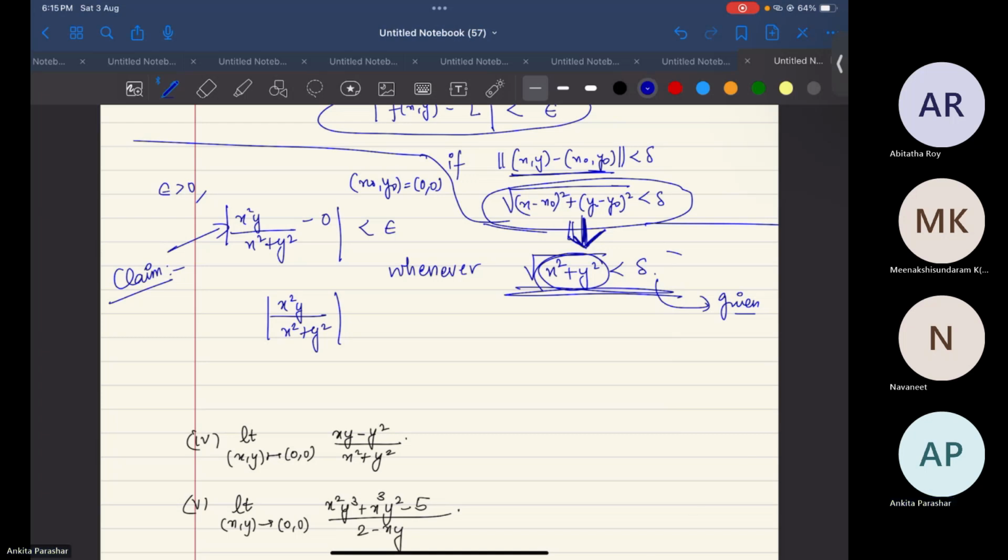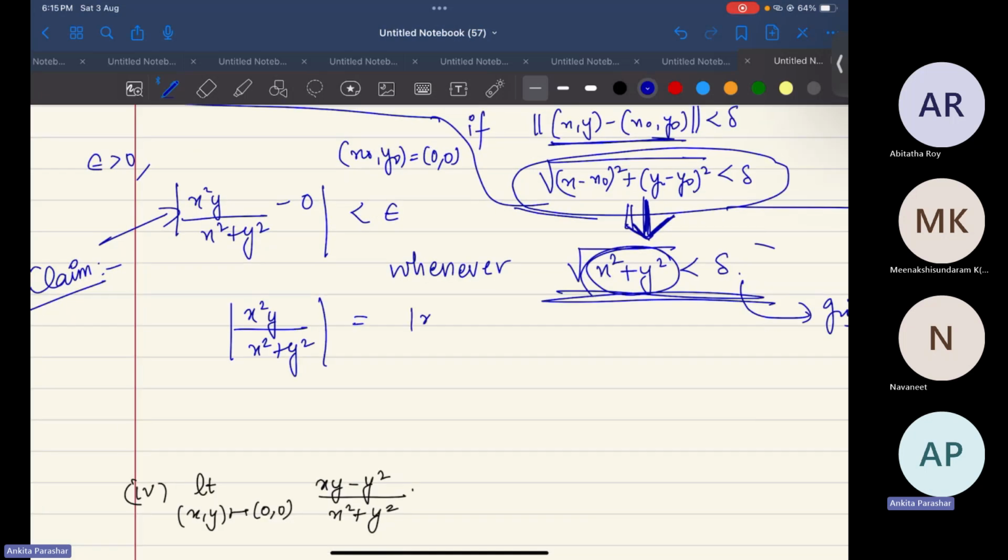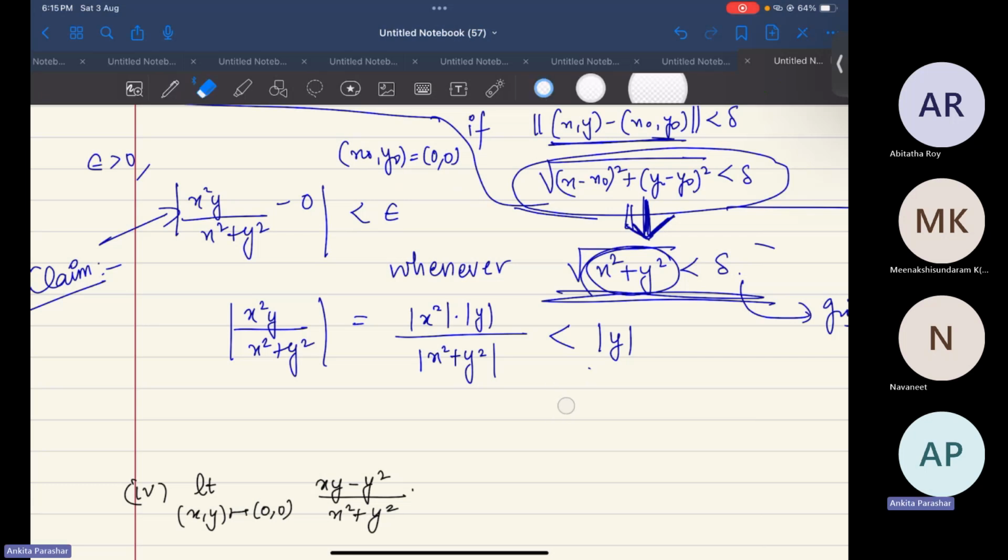This quantity I can very well write as x square times mod y by x square plus y square. Yeah, modulus I can write that. Can you tell me, can I write this strictly less than mod y? Is this inequality true? Sorry, strict inequality.